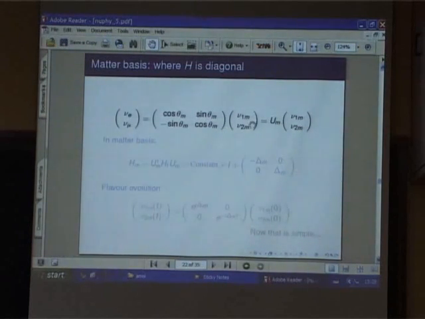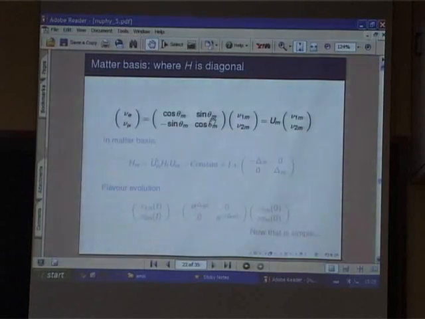Once I have these two mass eigenstates, I can always write down a rotation matrix that takes mass eigenstates to flavor eigenstates. And this matrix has to be of this form: cos theta, sin theta, minus sin theta, cos theta. One simple rotation. So this theta I can now call the mixing angle in matter.